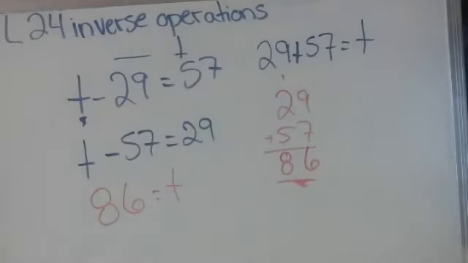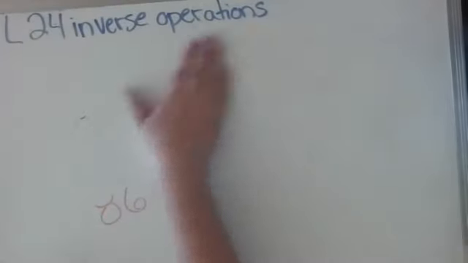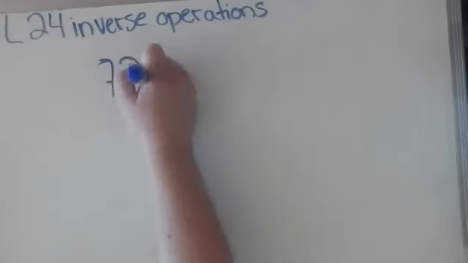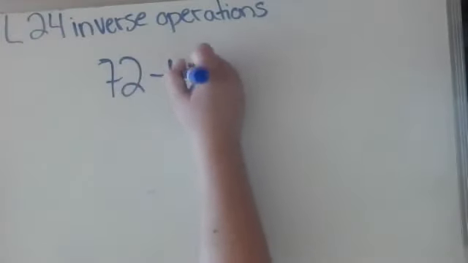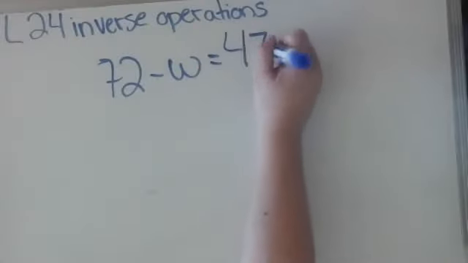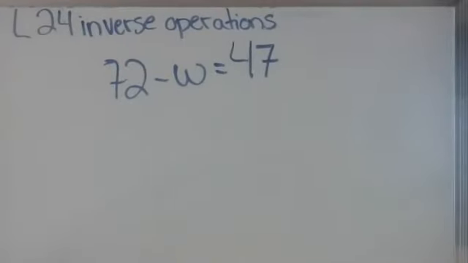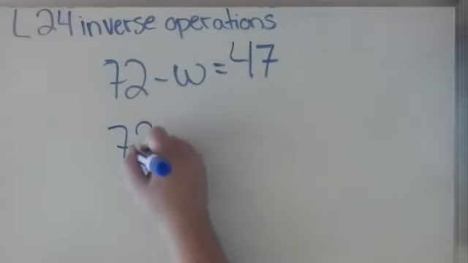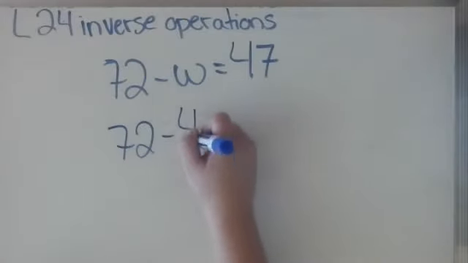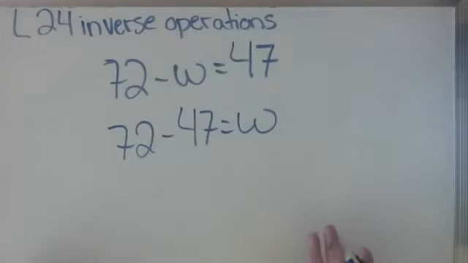Let's do one more subtraction and then we'll be finished. We've got 72 take away w equals 47. If I'm going to make another subtraction fact, I'm going to do 72 take away 47 equals w. And hey, I don't have to go any further this time.